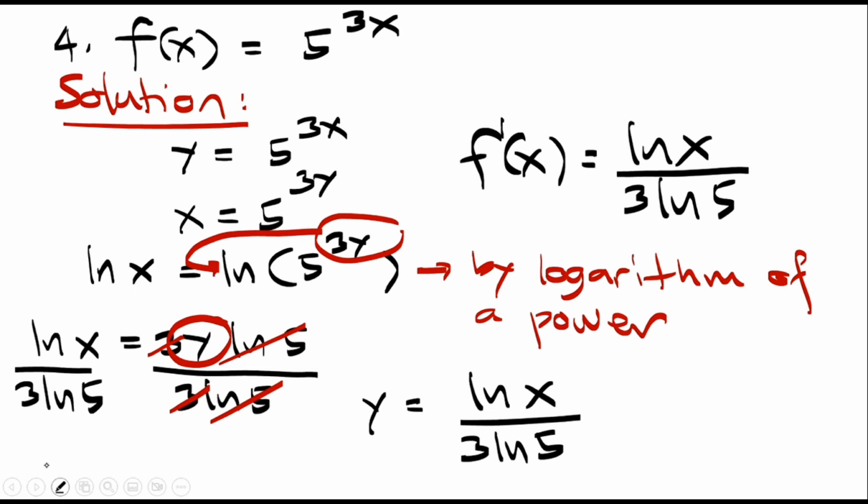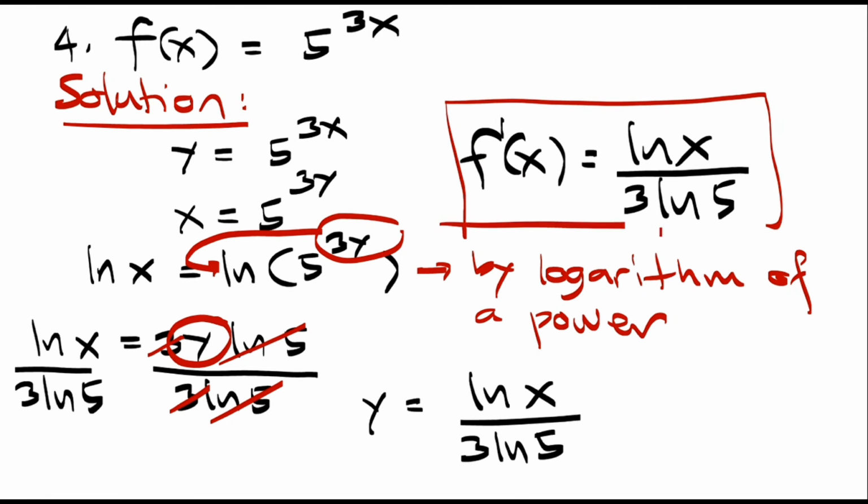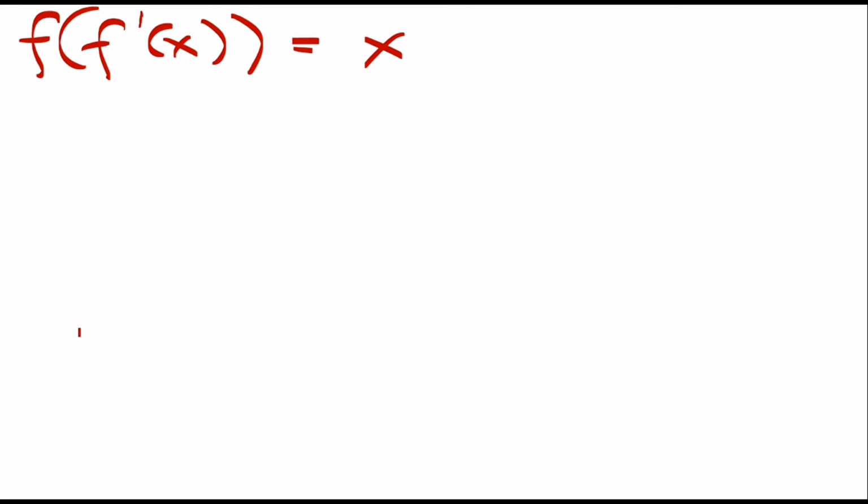Let us try to verify one of the two conditions for this example. So let us see whether the composition rule is really equal to x. Let us verify f of f prime of x and see to it whether this is really equal to x.